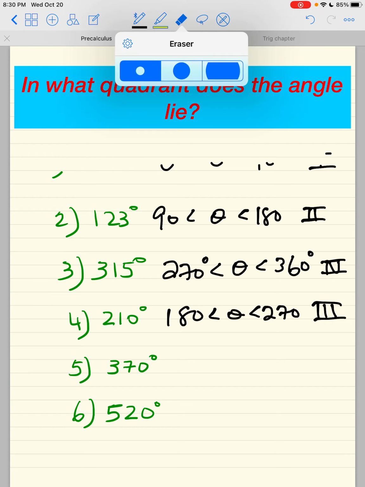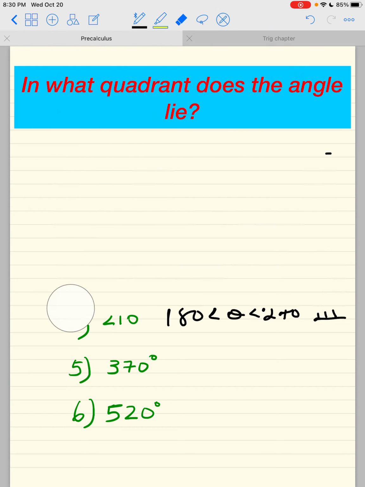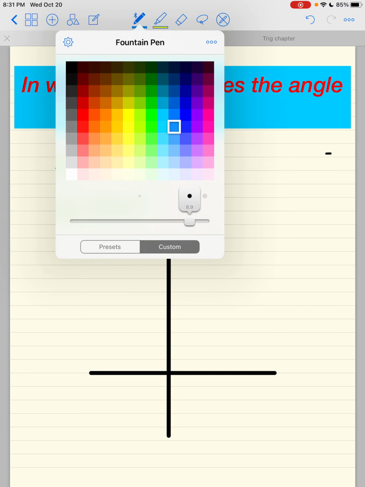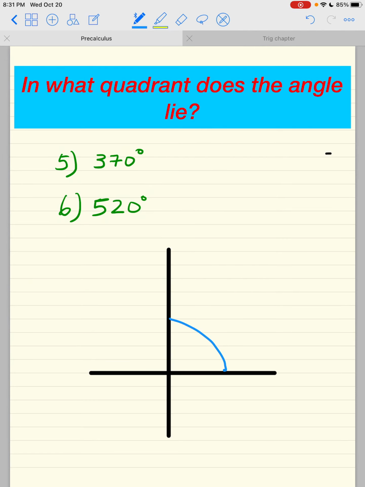So once we do that, I'm going to show you how to do number 5 and 6. Now, what we have here is 370 degrees. 370 degrees is nowhere on this chart, right? So if we go to 90, to 180, to 270, to 360, we end up right back where we started.